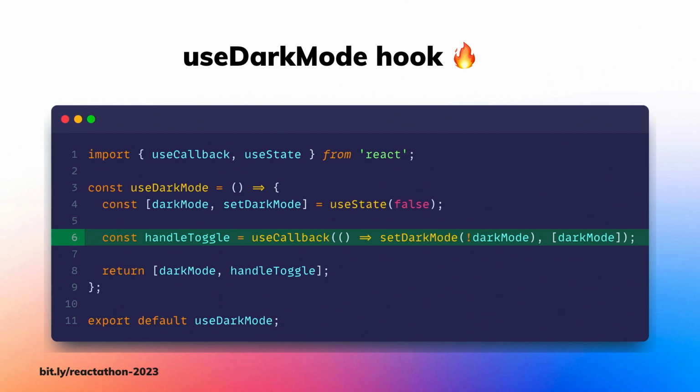And the part that I want to highlight here is that we are returning the dark mode and handle toggle function. But notice that I have wrapped it inside a useCallback, a hook that's available for us so that we can tell it to cache that specific function.